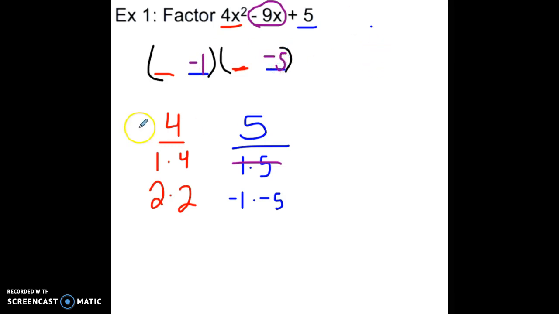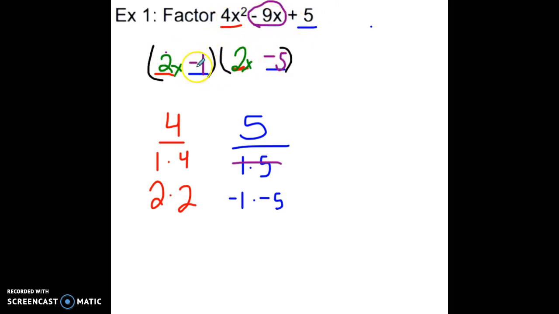So now we have to figure out what's going to go in front. So I could put the 2 and 2 in there. So if I've got 2x minus 1 and 2x minus 5, you only have to check the outer and the inner pieces with this, because we know the first terms when they multiplied should give us 4x squared.